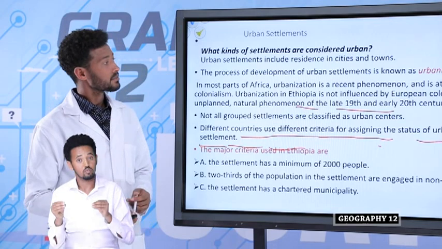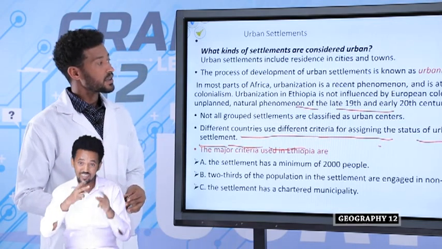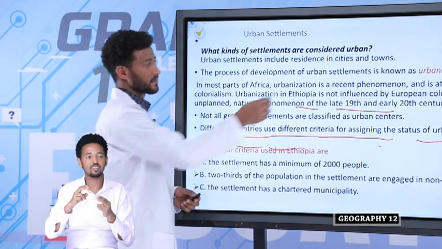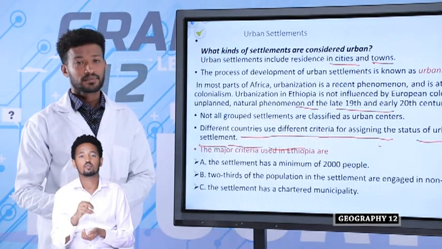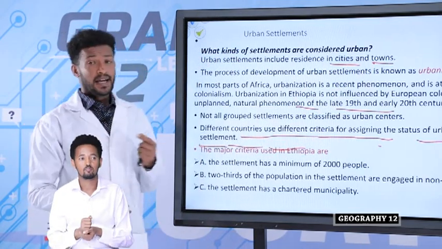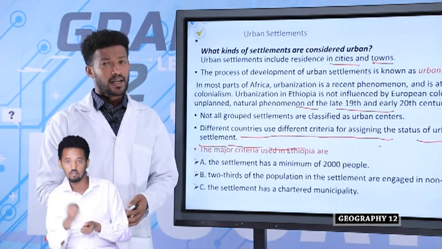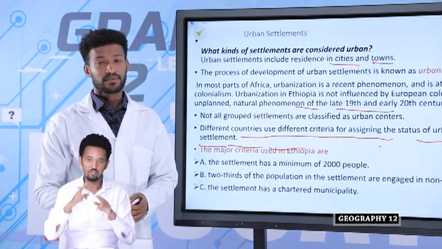Students, urban settlement includes residences in the cities and towns. But urbanization is another thing. Urbanization is the process of development of urban settlements.